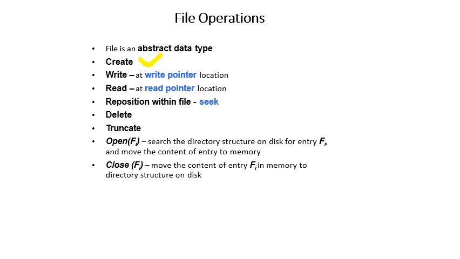The next is writing to the file. Writing to the file means, if you are preparing a document, we'll be typing or writing whatever we want. But whenever we write a file, we'll be unknowingly making the system call which specifies both the name of the file along with the information to be written to the file.